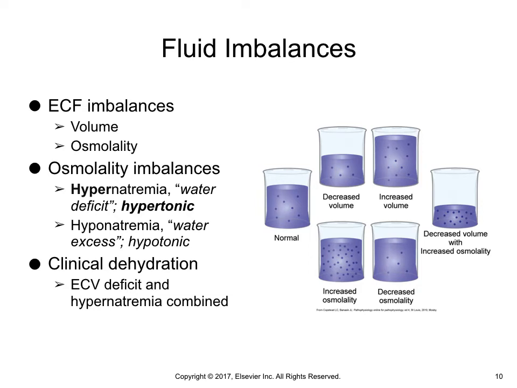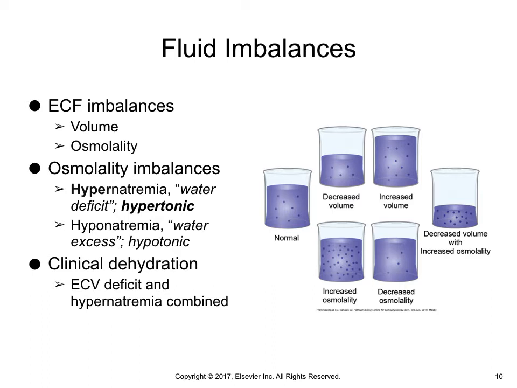Fluid imbalances: if disease processes, medications, or other factors disrupt fluid intake or output, imbalances sometimes occur. For example, with diarrhea, fluid output is increased, and a fluid imbalance, such as dehydration, would occur if fluid intake does not increase appropriately.